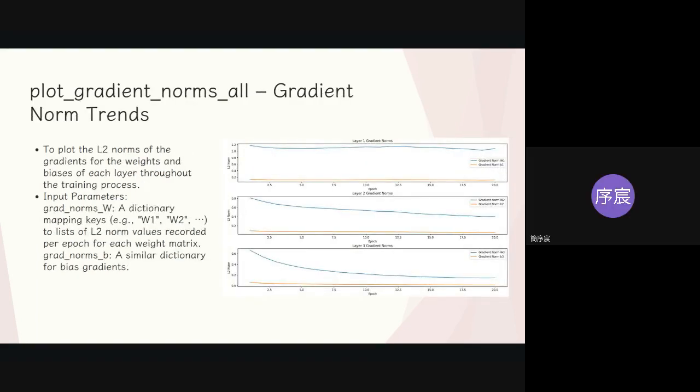And the next one is gradient norm trends. It can plot every layer: the L2 norms of the gradients for the weight and bias of each layer throughout the training process.